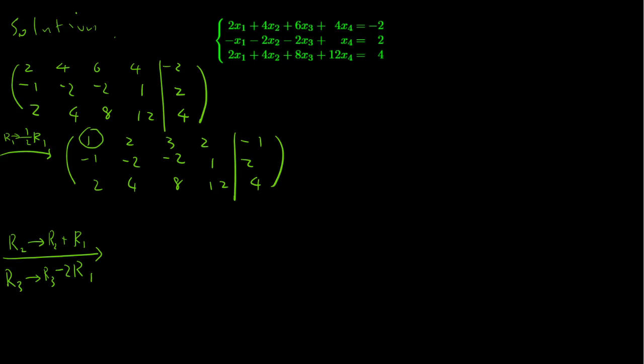Of course, you have to change other numbers correspondingly. Our target is to make the two numbers below the leading one zeros by performing two operations. Number 3 is to add a non-zero multiple of one row to another row. Now write the new matrix for me, please.